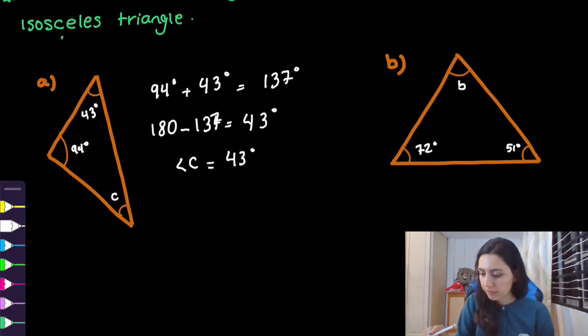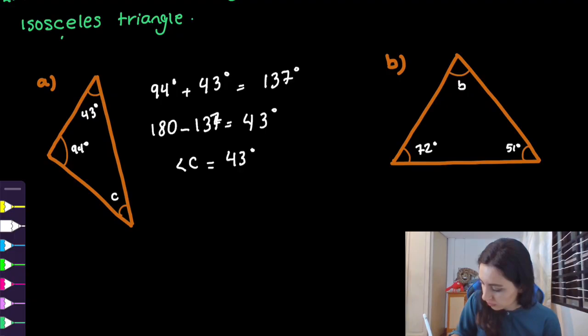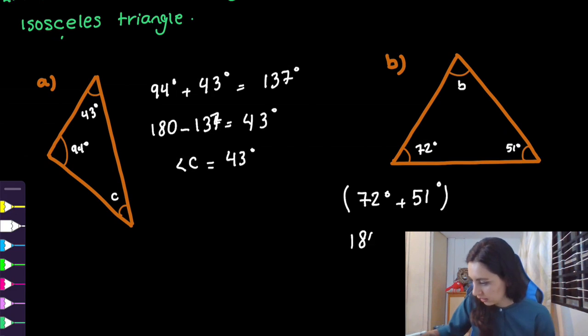Okay, but just to make sure, maybe both of them are isosceles triangles, so we have to do the second one as well. 72 plus 51, and the answer, you subtract from 180.